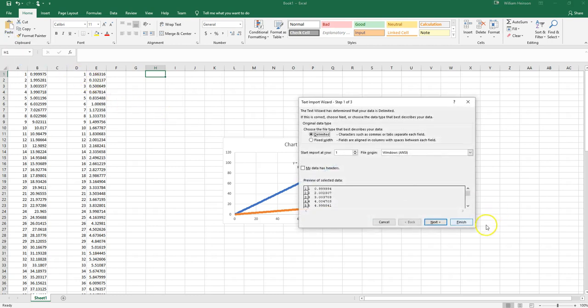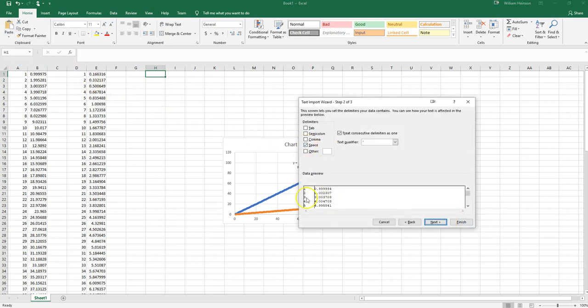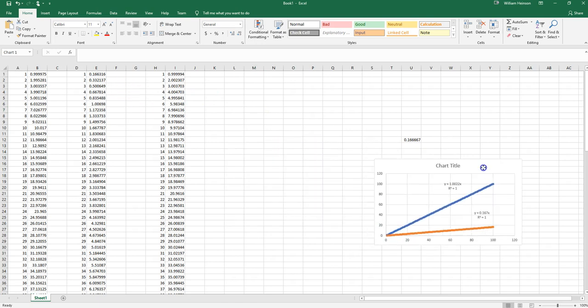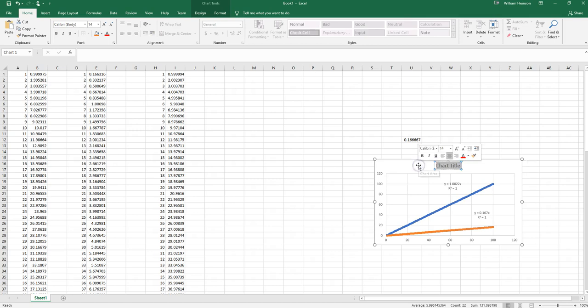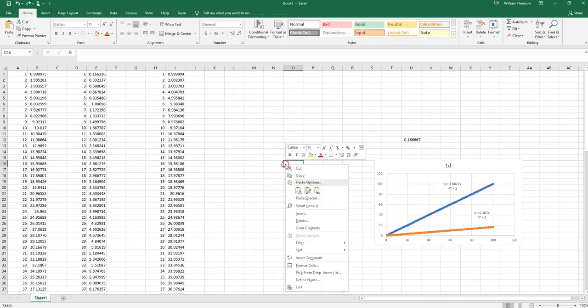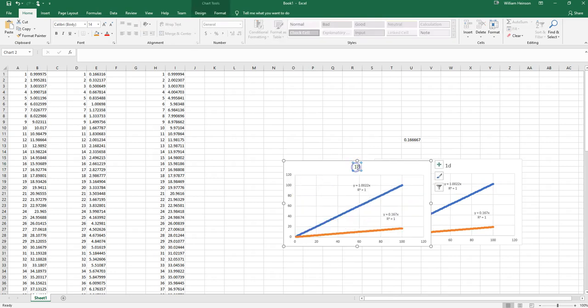Import, delimited by space, because it's space separated. Sometimes you get data separated by commas or tabs. It's the same as here. So we'll call this chart 1D, and then we'll copy this chart, and say, okay, this will be the 3D case.